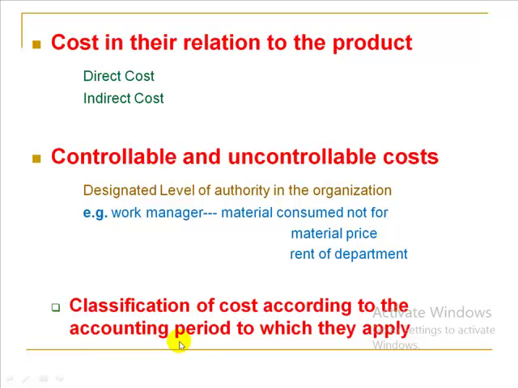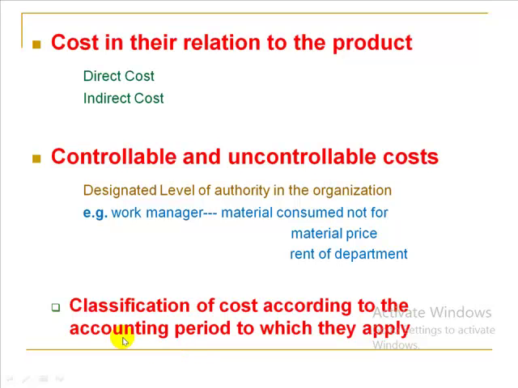There is another term, accounting year, fiscal year or financial year. Here we have used the word period, and then we are using the term year. So year means what? Year means 12 months.